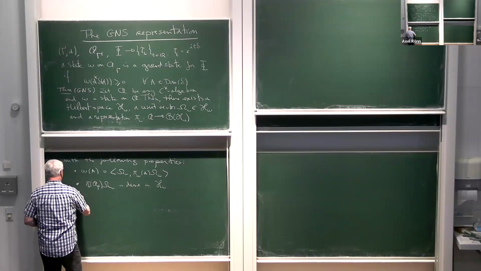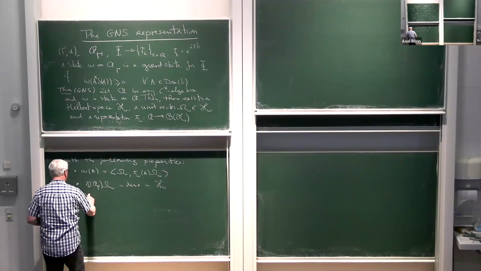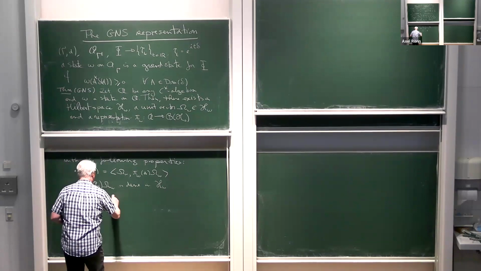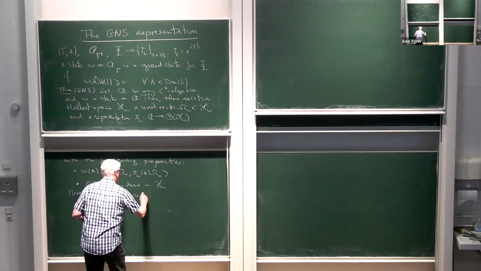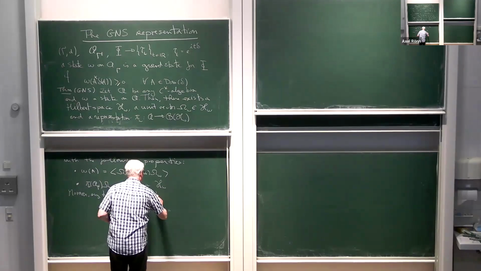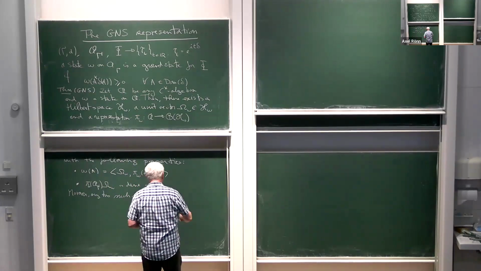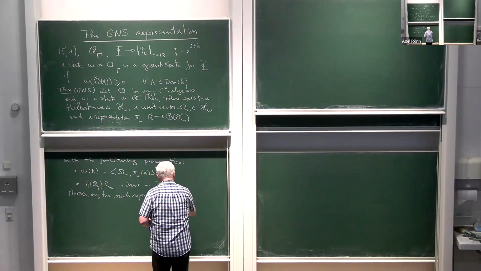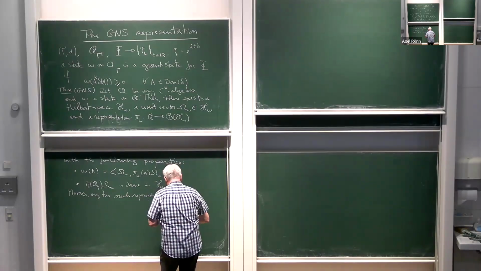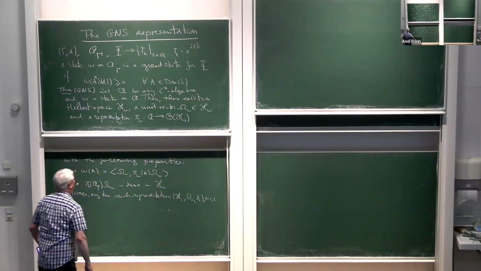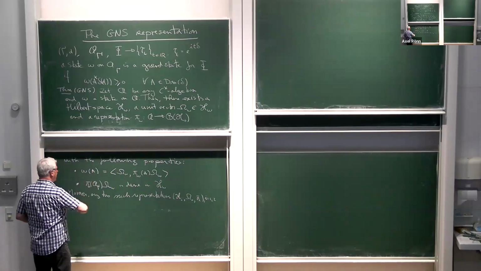In the following sense, up to unitary equivalence, any two such representations, so I'm going to denote them by triples. Now I have two Hilbert spaces, two vectors, two representations, so i is 1 or 2, and assume that they satisfy these properties.